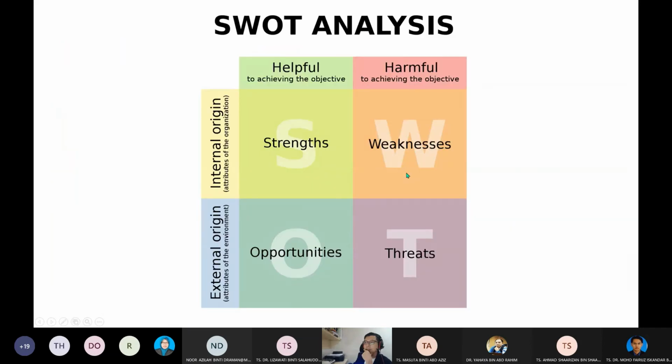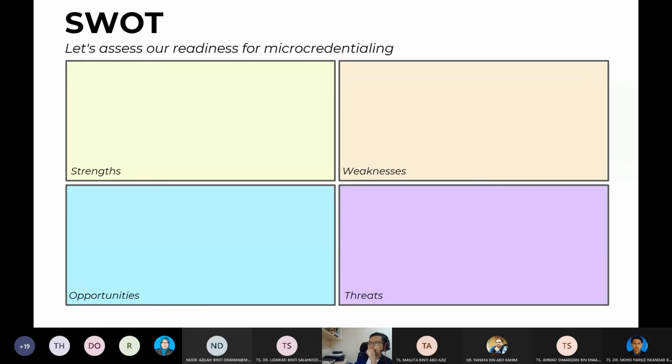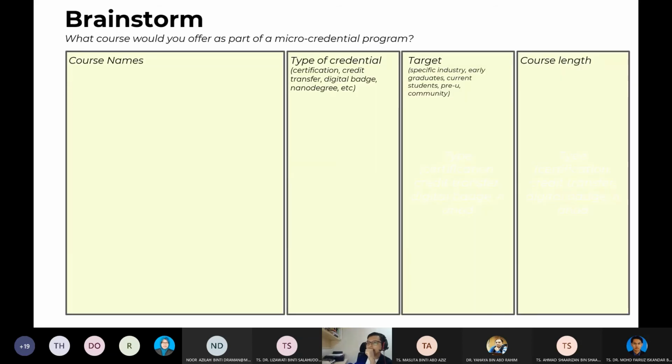I wanted to do some kind of SWOT analysis, noting everyone's strengths, weaknesses, opportunities, and threats. But I think it's too complicated to do now, and we also don't have many people. But let's do a brainstorm. I would say this is more interesting.